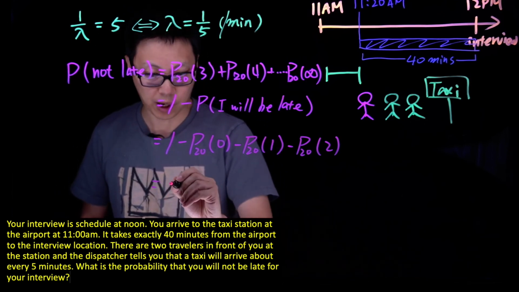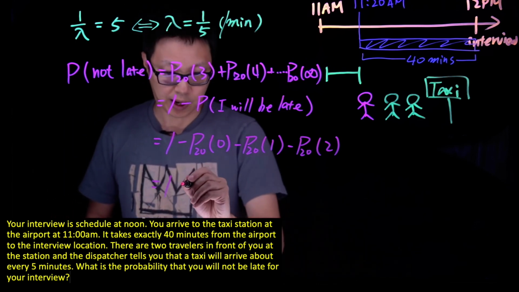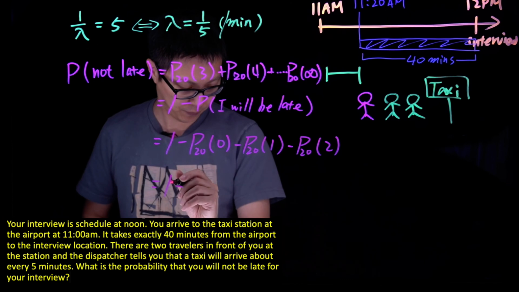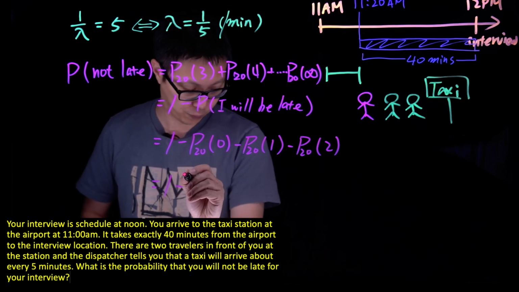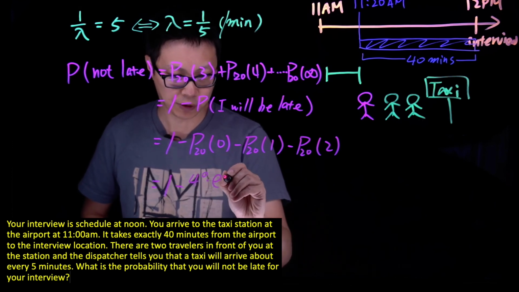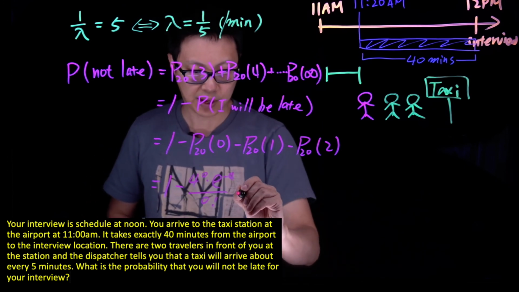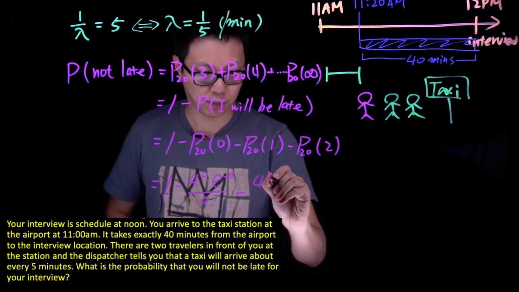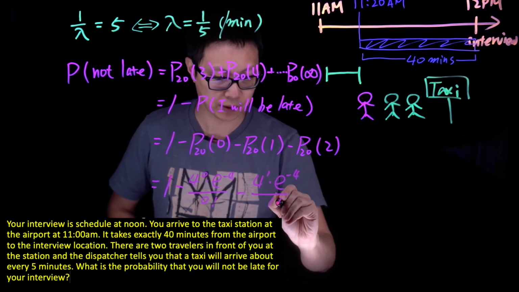I have 1 and subtract by, let's see right here, it will be equal to 4 power of 0 exponential negative 4 over 0 factorial. Subtract by 4 power of 1 exponential negative 4 over 1 factorial.